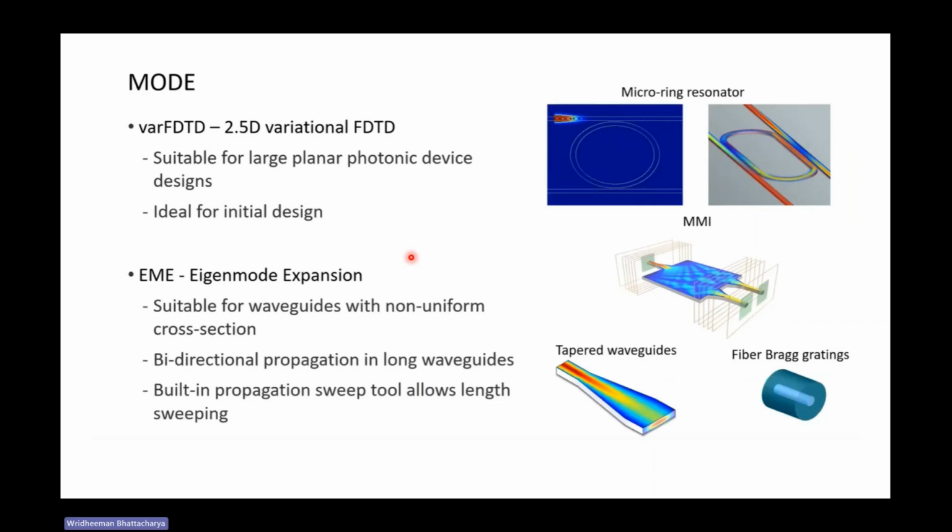But here in EME, if we use the propagation sweep tool, which allows length sweeping, it would hardly take 1 to 2 minutes. This solver is mainly made for that. Each solver has its credits and discredits, and we have to know which solver will be best for our application.